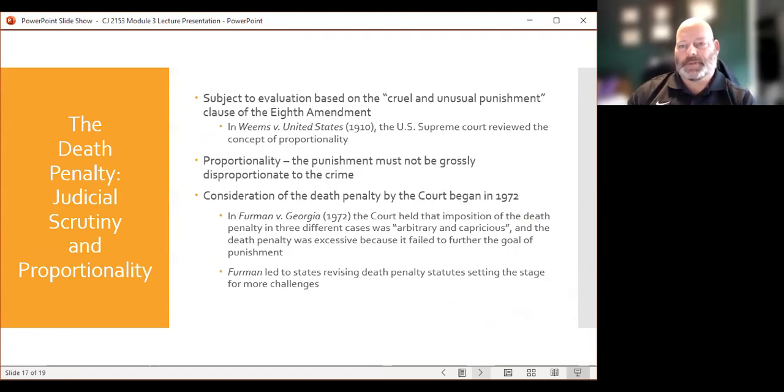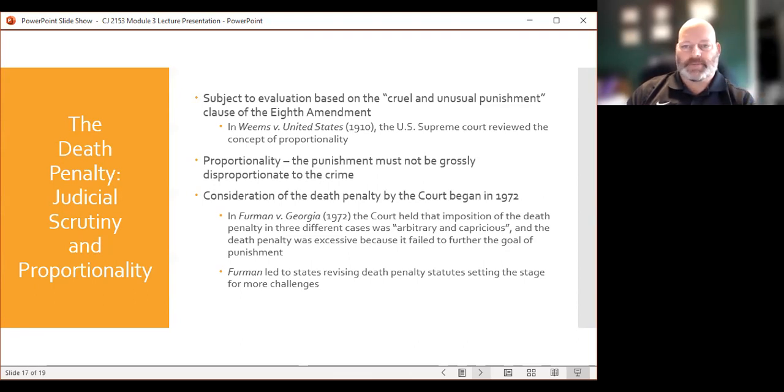Does the punishment fit the crime? That is essentially what proportionality means, and that punishment must not be grossly disproportionate to the crime. So this concept of proportionality began to be applied to death penalty cases in the early 1970s.